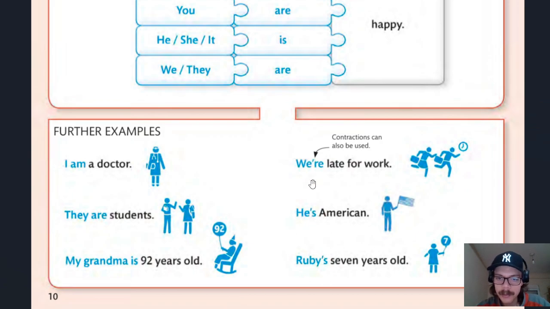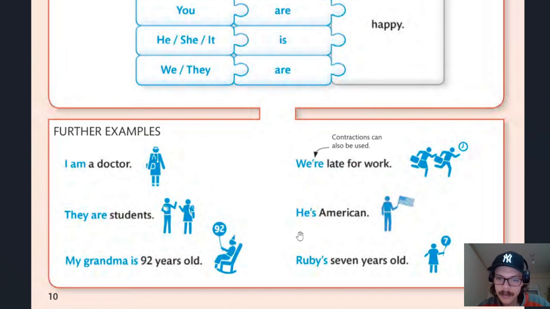For these contractions, they're very easy because the letter that's missing is the first letter of the second word. So we're is the same as we are. You're missing the A, which is marked by the apostrophe, and it goes all together.